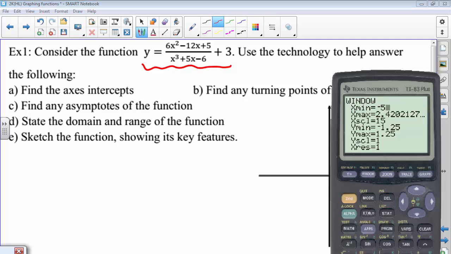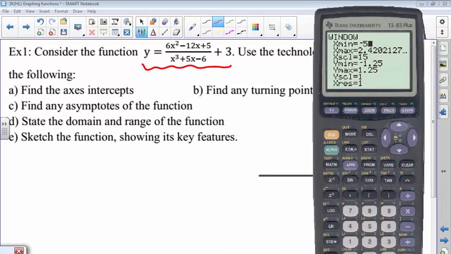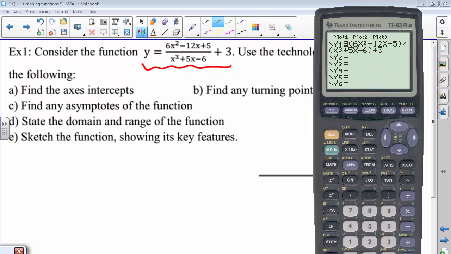So let's put the function into the graphing calculator. So here, I have the function put in already. But when you put in the function, make sure you put a pair of brackets for the top and a pair of brackets for the bottom and divide them, then plus 3.